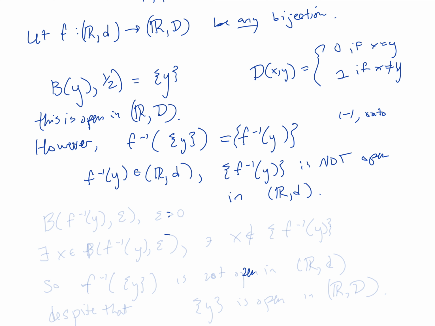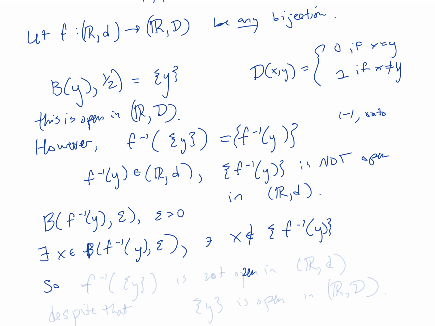Well, if we think about the ball centered at this point, F inverse of y, with radius epsilon, where epsilon is greater than 0, then there's going to be an x, an element of this ball centered at F inverse of y of radius epsilon, such that x is not an element of the set containing just that one single point, F inverse of y. So while the set containing just y is open in the real numbers with the discrete metric, it is not open in the real numbers with the usual metric.